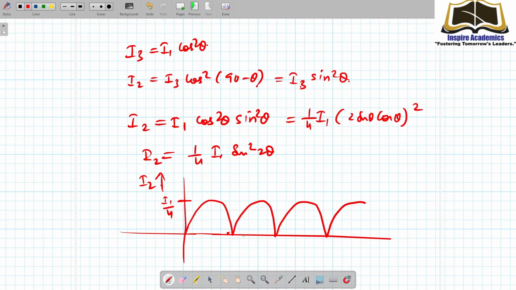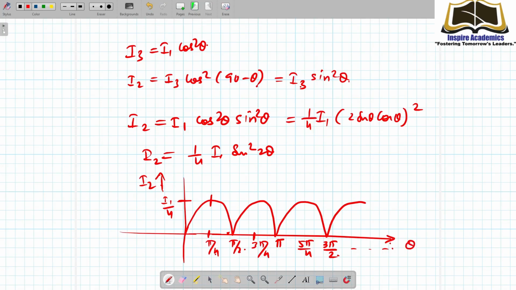And since you know at pi by 2, you will see that it becomes 0, because sin pi is 0, and maximum value will occur at pi by 4. Likewise, it will be 3 pi by 4, and then pi, again 5 pi by 4, again 3 pi by 2, and so on. Yes, this is my theta.